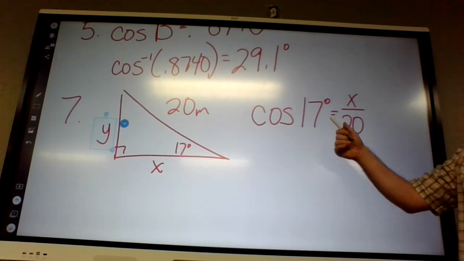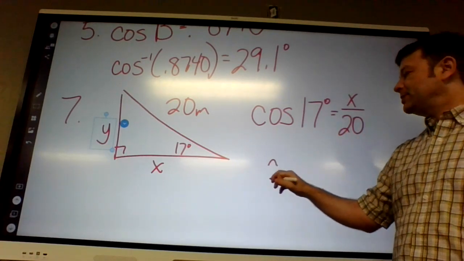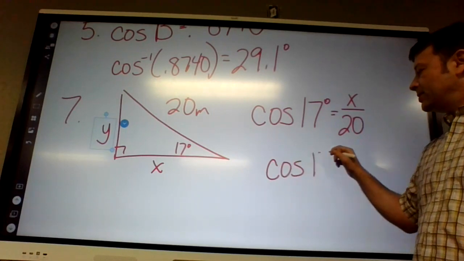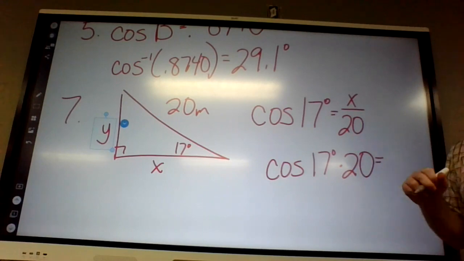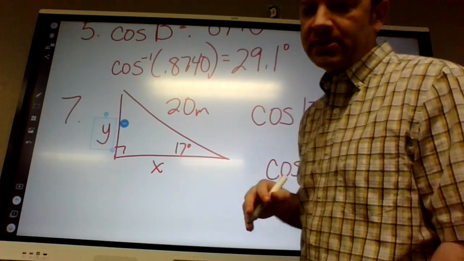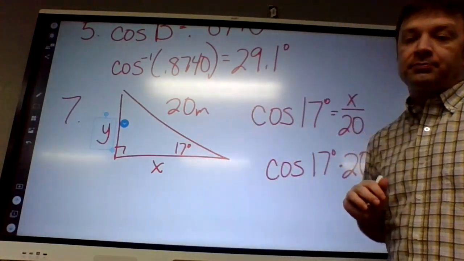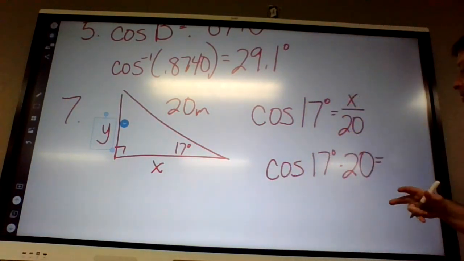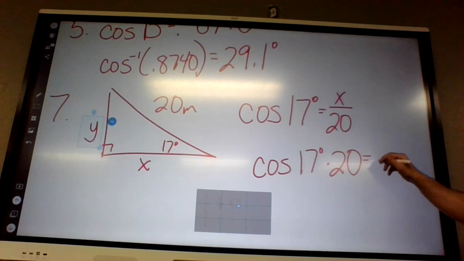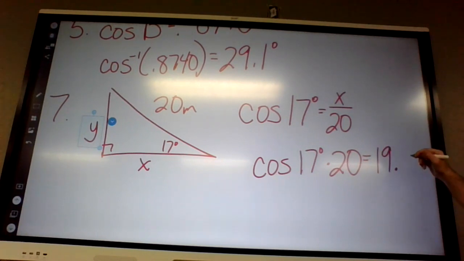Multiply by 20. So cosine of 17 degrees times 20. The direction said round to the 10th place. I think almost the whole page says that. So what does this equal? 19.1.